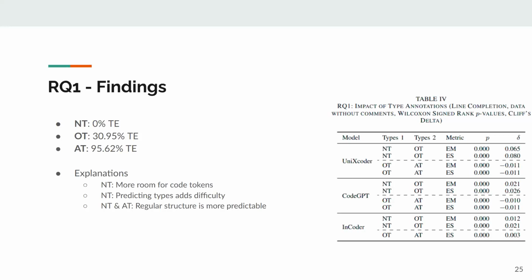So there may be some inconsistencies in the way that these type annotations are added to the code, which can make it more difficult for the code completion models to accurately predict what should follow.